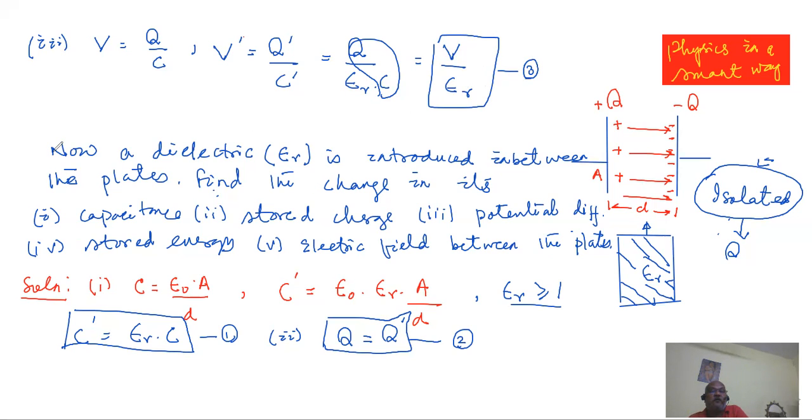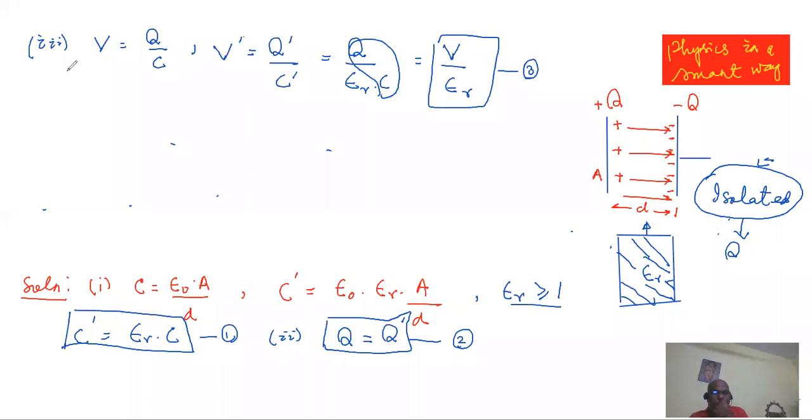Now you go to the fourth one, which asks us about the stored energy.